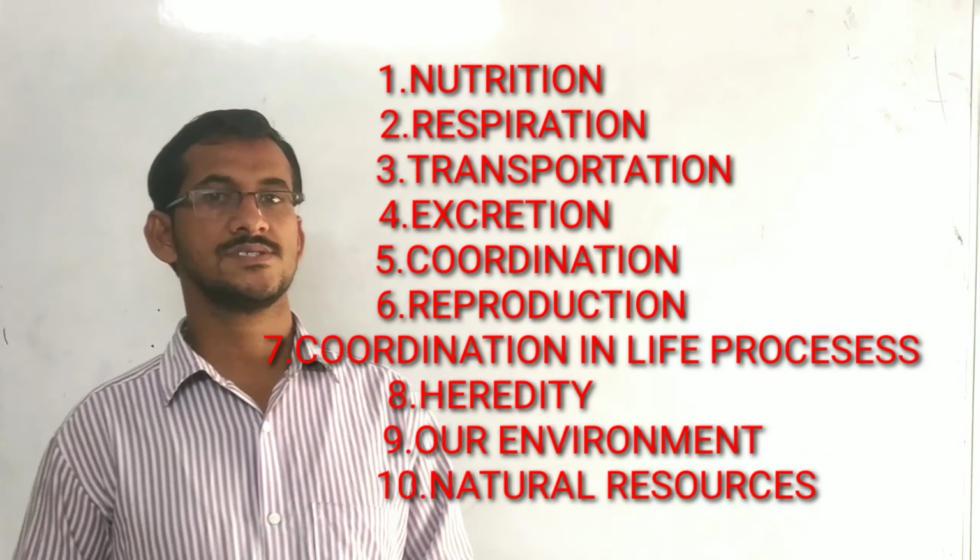The organisms which prepare their own food are called autotrophic nutrition, and the organisms which depend on others for food are heterotrophic nutrition. So plants and some bacteria come under autotrophic nutrition, and human beings and animals come under heterotrophic nutrition.